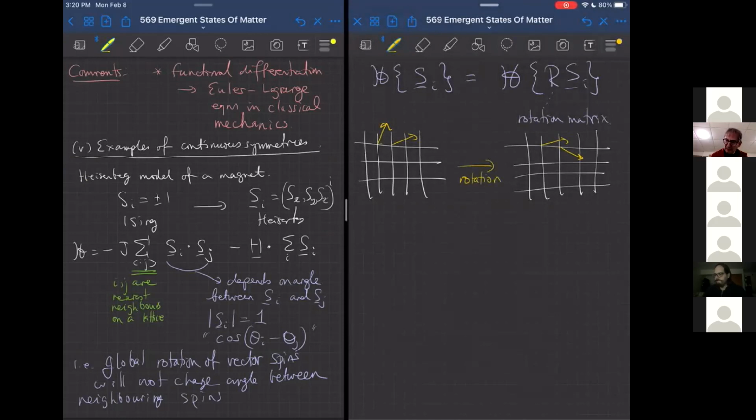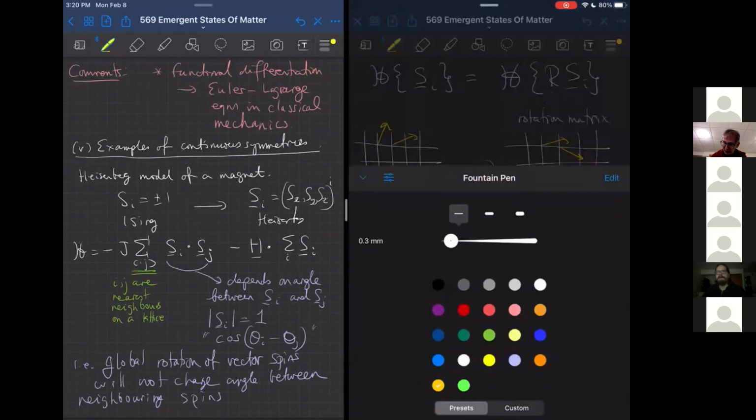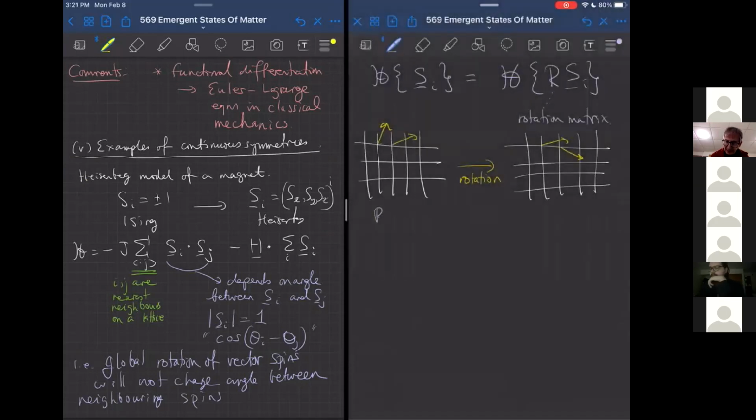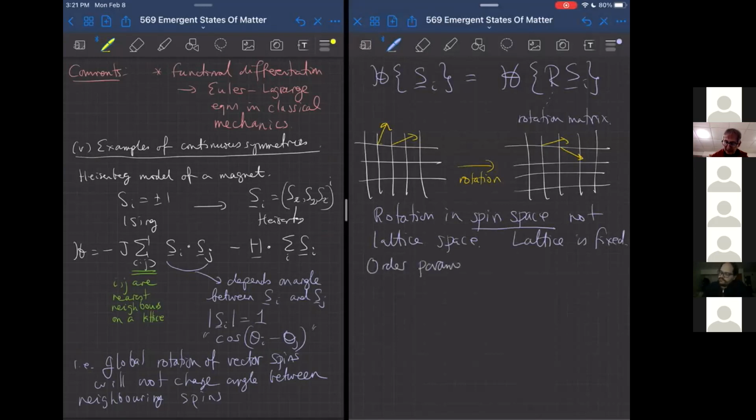Now, what I want to emphasize to you is that this is a rotation in spin space, not in the lattice space. So I rotated the spins, but I kept the lattice fixed. So in other words, this is an example of an order parameter symmetry of the system, not a space-time symmetry.